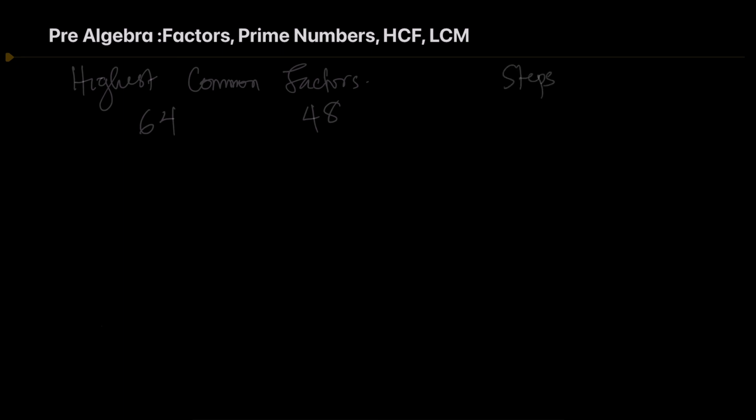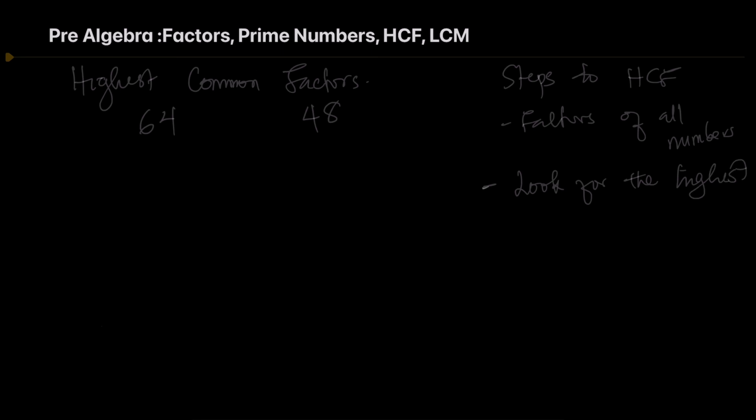The steps to HCF: you first find the factors of all the numbers here, and then you look for the highest similar factor. Highest here is in magnitude. So basically, what is the highest number that is common to both of them as a factor?